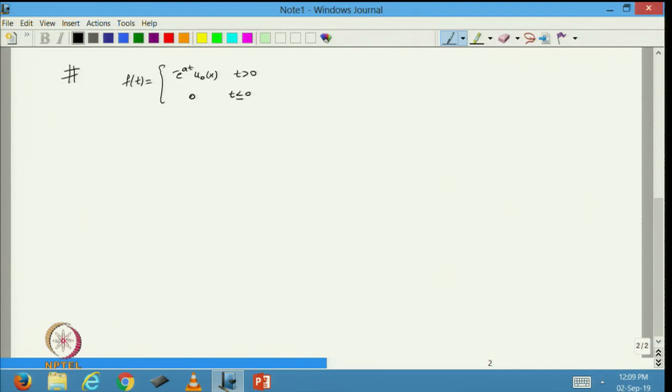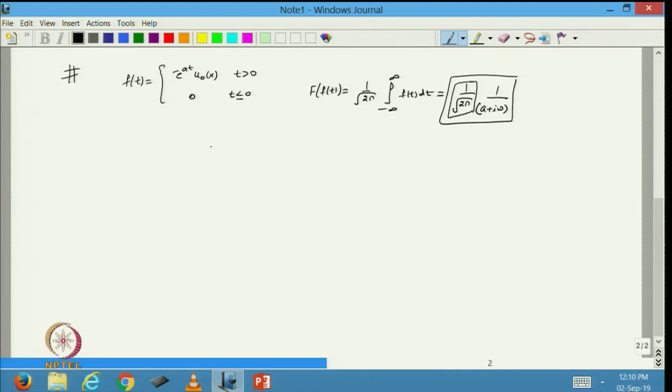If I take the Fourier transformation of f(t), then we have seen that this is equal to 1 over under root 2 pi into 1 over a plus i omega. So this factor is multiplied by this one.